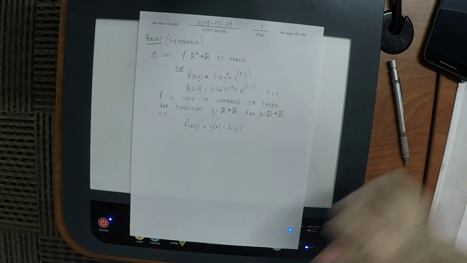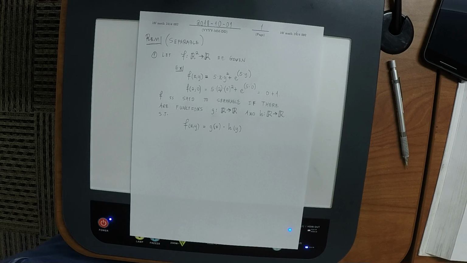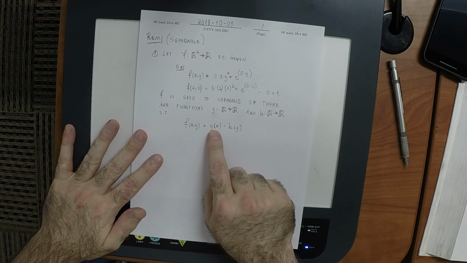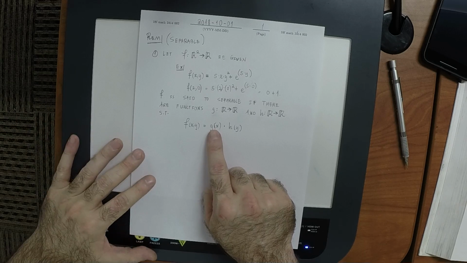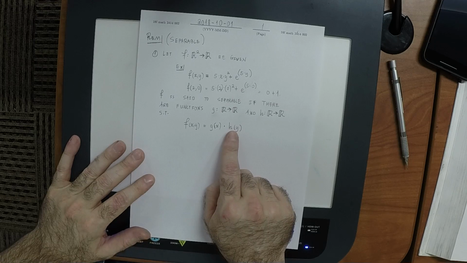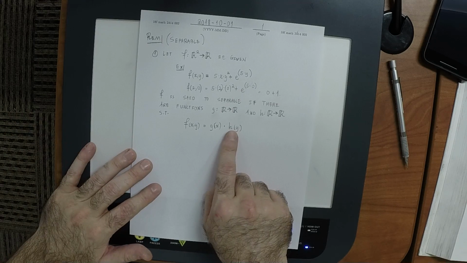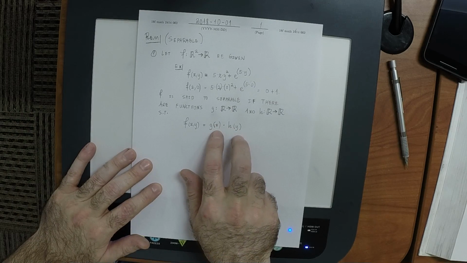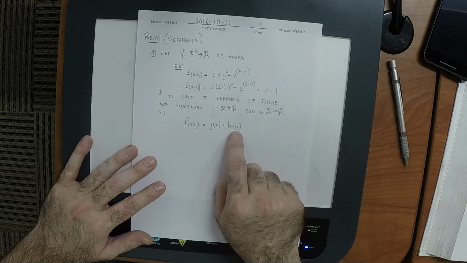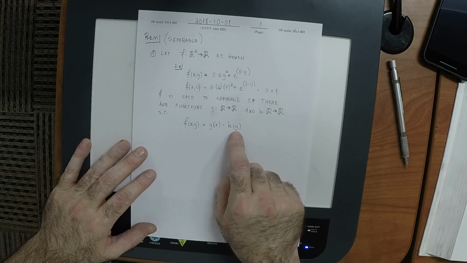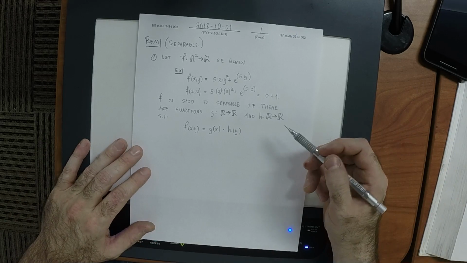So in this case, separable means essentially that you could take that function f and factor it into two different functions. The first one tells you all the action that has to do with x, and the other one tells you all the action that has to do with y. And this factor has nothing to do with y, only x. And this one has nothing to do with x, only y. So such a function is said to be separable.